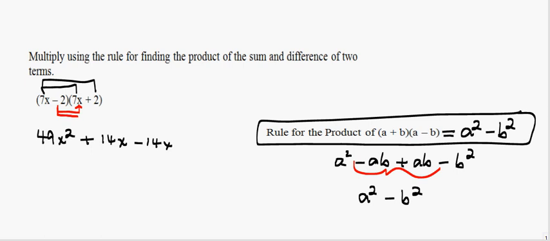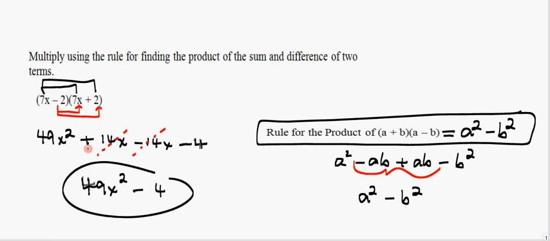And negative 2 times positive 2 is negative 4. And then we can see that those terms here in the middle cancel each other out. So we end up with 49x squared minus 4. All right, so it's the same thing we got before. We just had to go through a few extra steps, but not that many.